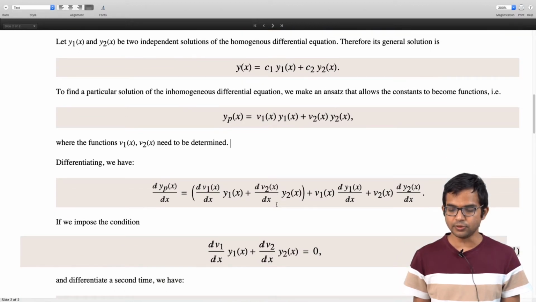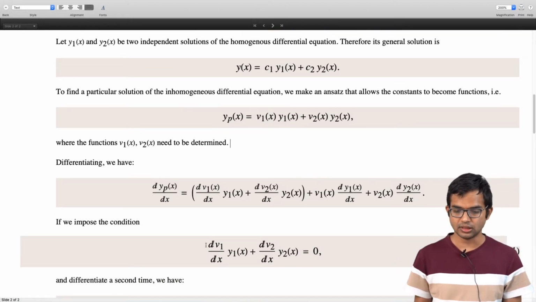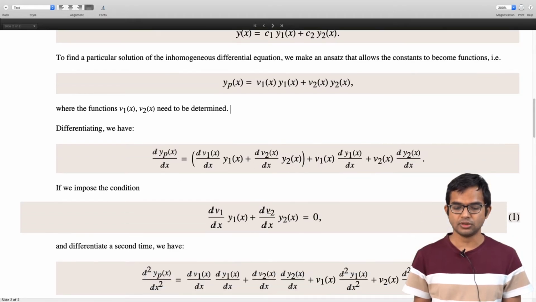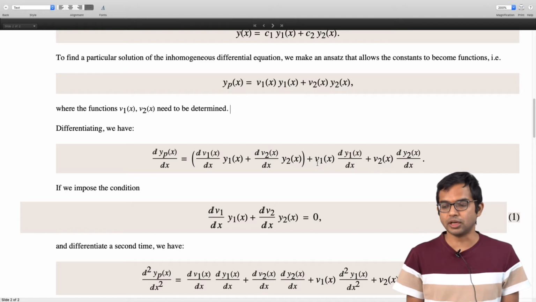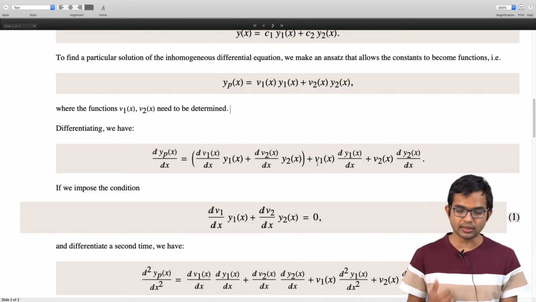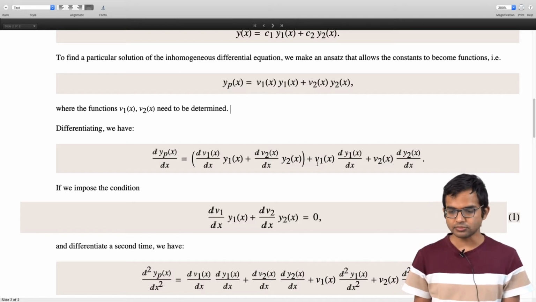So if you make this assumption, the first two terms will go, and your dyp by dx is simply given by v1 times dy1 by dx plus v2 times dy2 by dx. If you take another derivative, now you have dv1 by dx times dy1 by dx plus dv2 by dx times dy2 by dx, plus then you have these terms involving the second order derivatives.